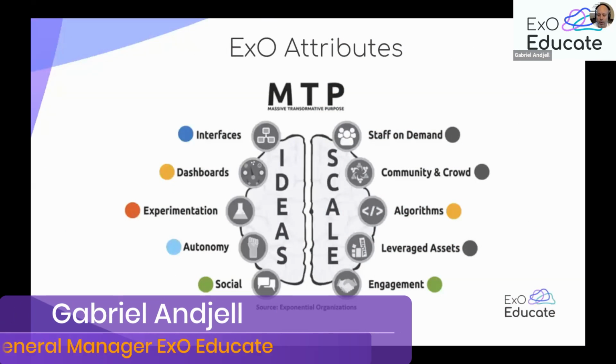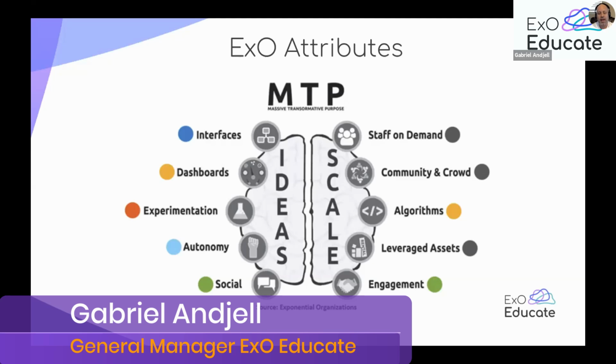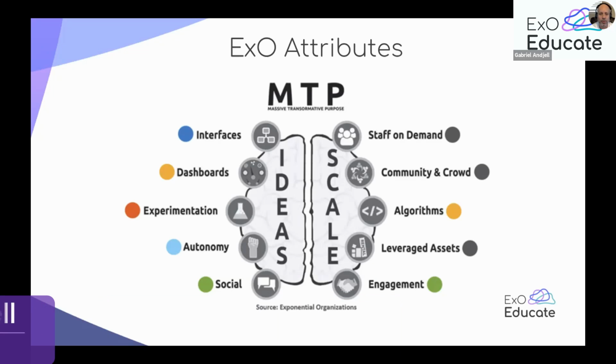So again, going back to the attributes, I just mentioned that each organization has to develop this type of attribute. I'm going to move through these attributes, and if anybody wants further information, we can share more about each specific attribute, some examples of how to implement them, and some specific tools to implement them.